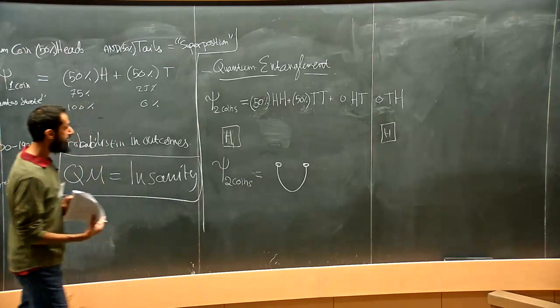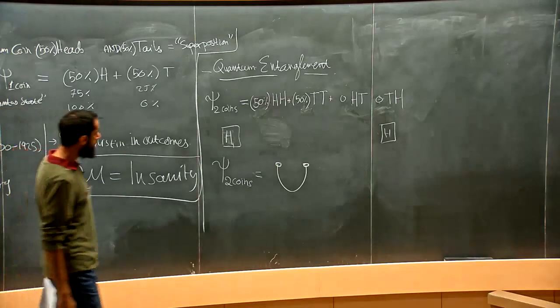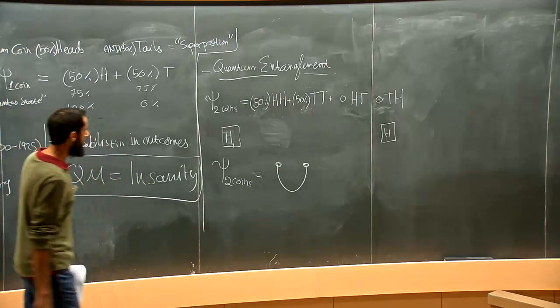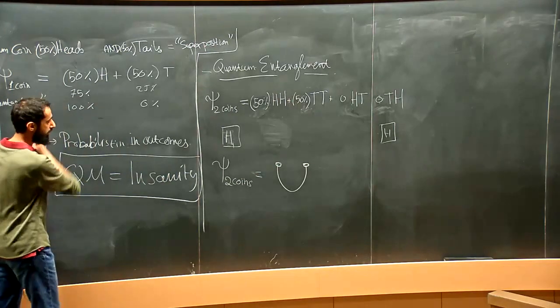At this stage, I want to make a comment about information. What is information in quantum mechanics? The correct thing to do is to compare the two cases of the two coins and a single coin.